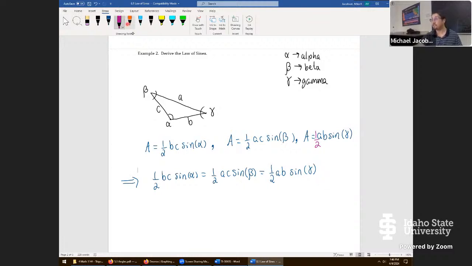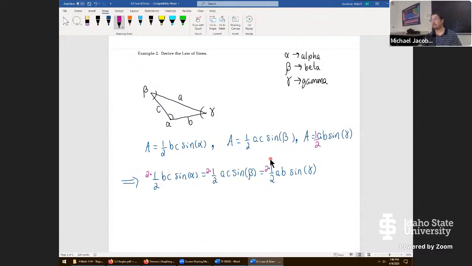To get the law of sines, we want to clear that denominator, the 2, the 2, the 2. So how you do it, on the left-hand side, you have to multiply by 2. But that means you must multiply every side of this equation by 2. The middle side and the far right-hand side. So that clears our denominators.